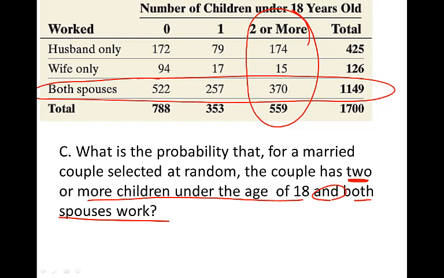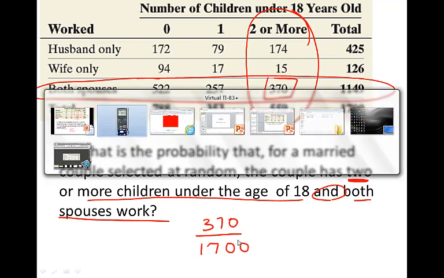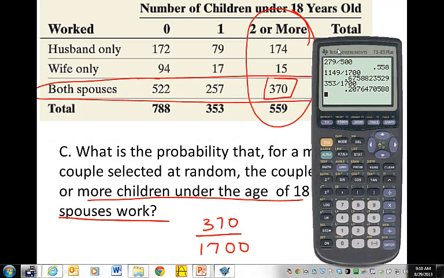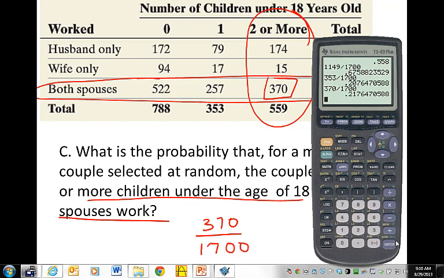Right here. This is where those two intersect, right? So we have 370 divided by the total of 1,700. 370 divided by 1,700. 0.218.